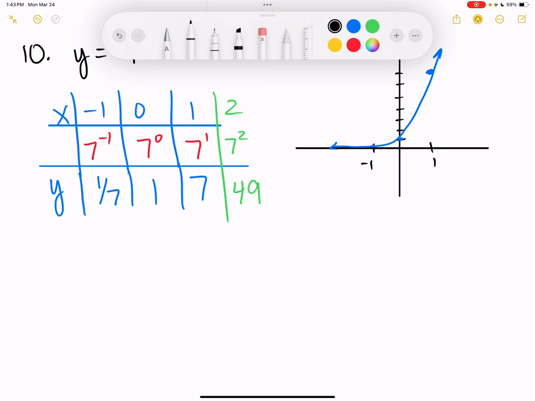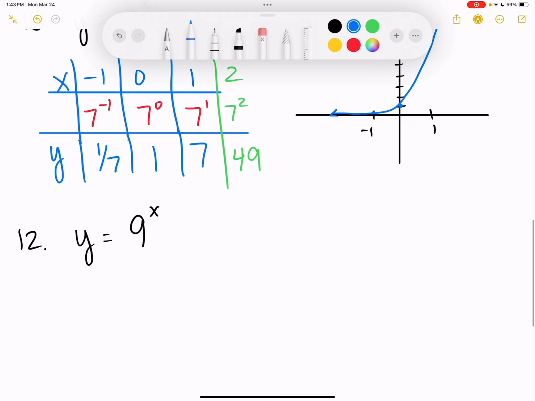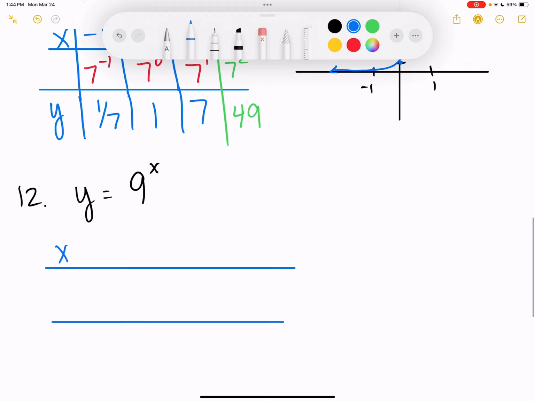Let's see. 12. y equals 9 to the x. I'm going to do the same thing I did with the last one. I'm going to do -1, 0, and 1.